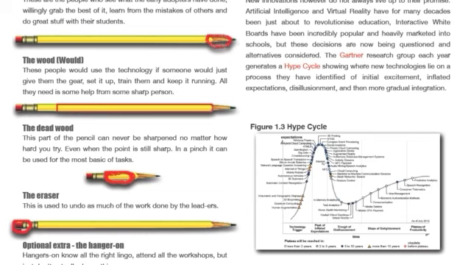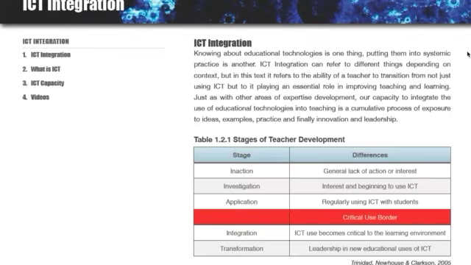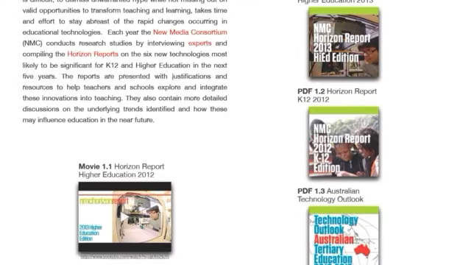Now, another way of staying up to date with new technologies is the Horizon reports. Now, these are produced each year, and there's some links to the websites that you can go to and have a look at. There's some for K-12, there's some for higher education, and they look at what are going to be the next big things in educational technology over the next 1 to 2 years, the next 3 to 4 years, and the next 5 to 6 years.